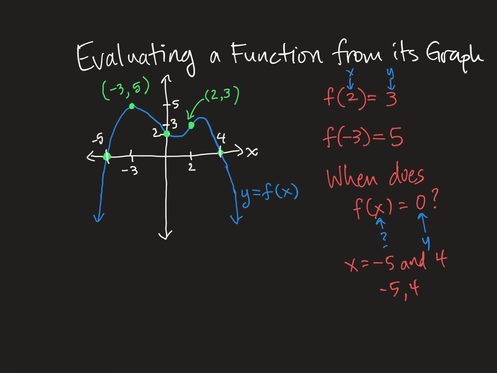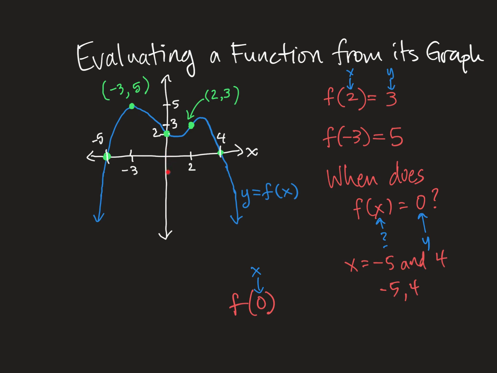That's really all there is to it. If I wanted to know one last point that I can use, what is f of 0? Then this time, once again, that 0 is the x coordinate. So I go to where x equals 0, which is right here.